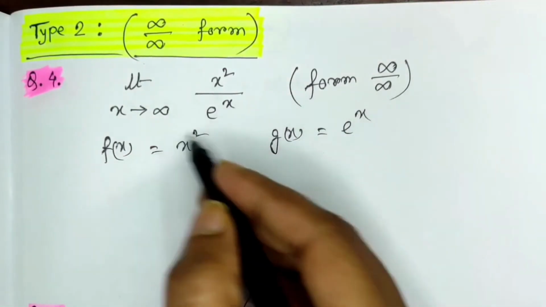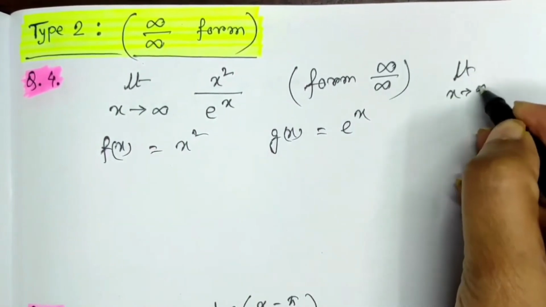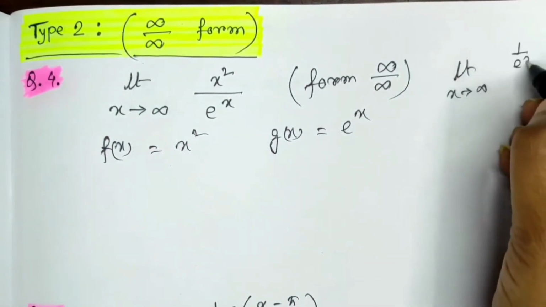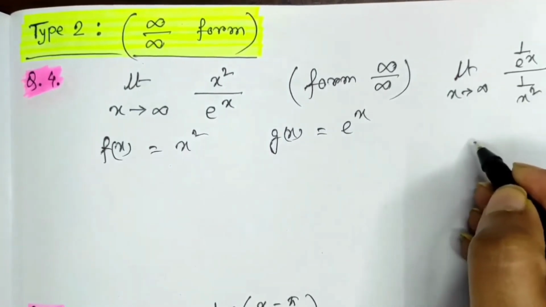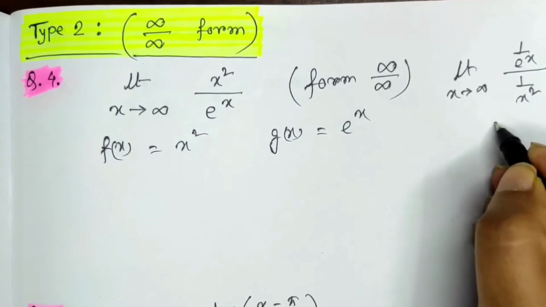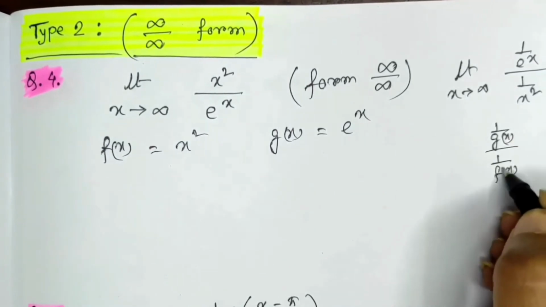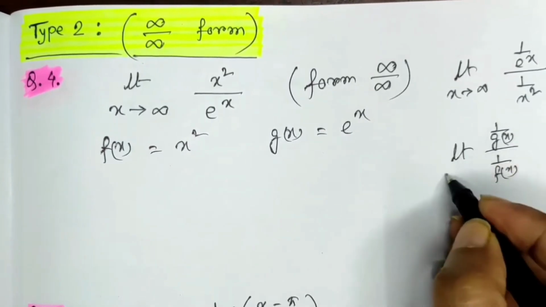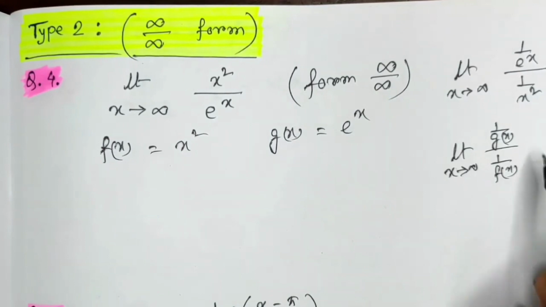Just if we write this one as limit x tends to infinity of 1 upon e to the power x divided by 1 upon x square. So that means what we have done here, we have written 1 by g(x) divided by 1 by f(x). If we can write the given limit in this format, then we can say now the limit is a 0 by 0 form.